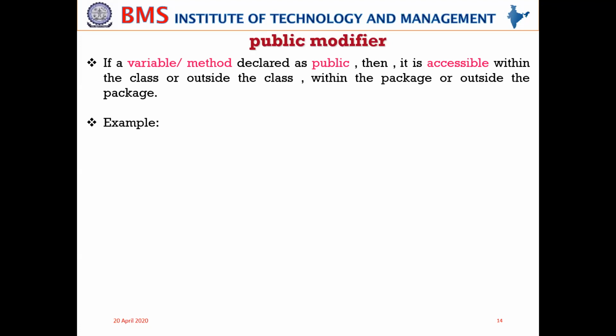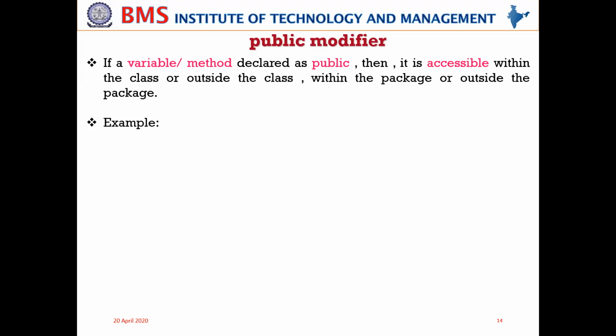If you go outside the college, since I have given a public specifier, you will be recognized there too. Within the department, within the college, outside the college, everywhere you are recognized. So that's the meaning of the modifier public.